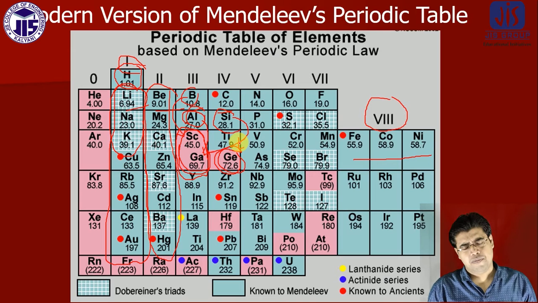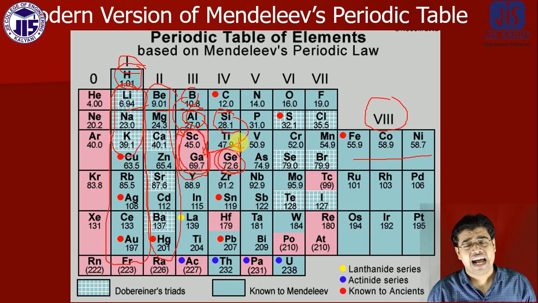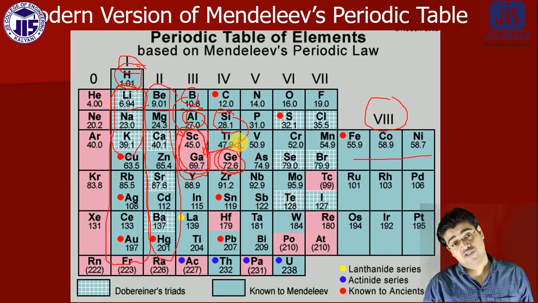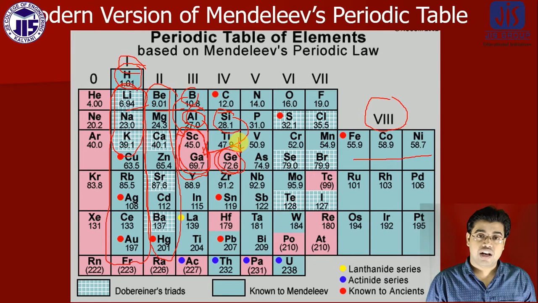So brilliantly Mendeleev made that kind of vacant place, which was successfully filled later when the element was discovered. That is another beautiful side of Mendeleev's periodic table. With Mendeleev's periodic table, first of all, we got the first information about the similarity of the elements by placing them in a particular group.